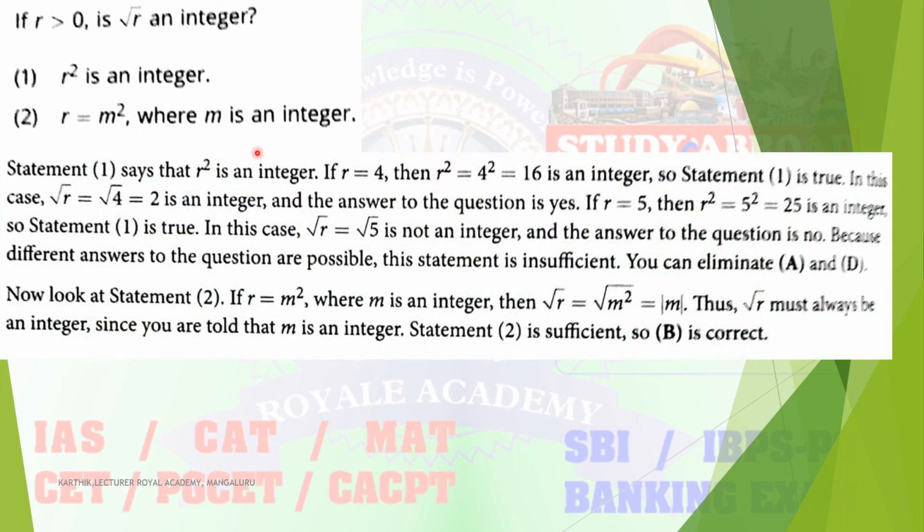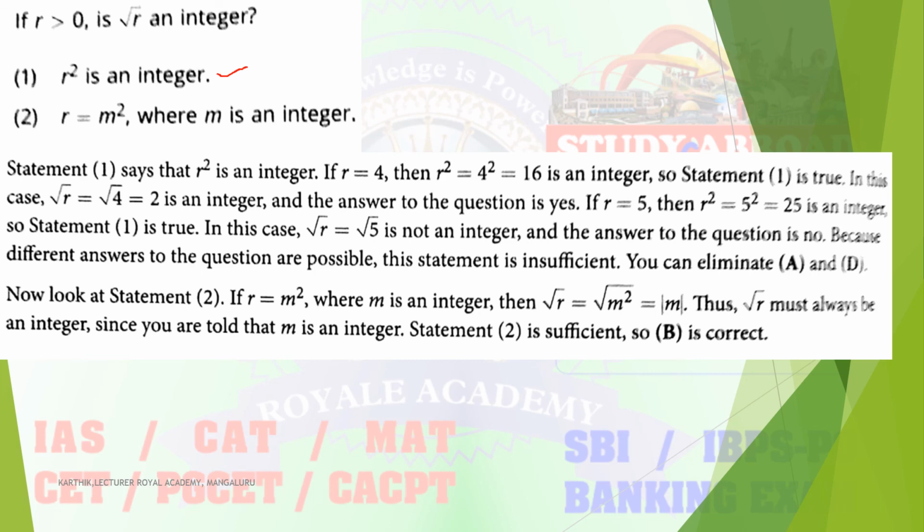Take the first statement, r square is an integer. Take r is equal to 4. So r square, 4 square, is 16, an integer, yes. So this condition is satisfied.